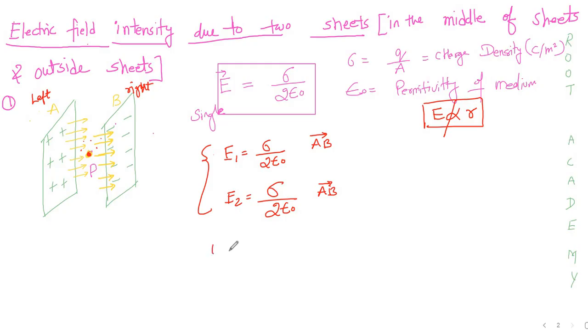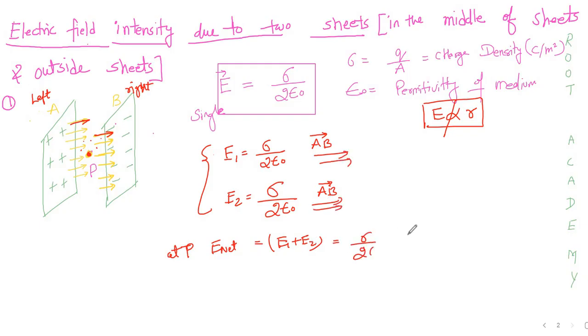Okay. So what will be E net at point P? It will be nothing but E1 plus E2. Why are we adding? Because the field due to sheet 1 is left to right and due to sheet 2 is also left to right. Both are in this direction, so they will be added.